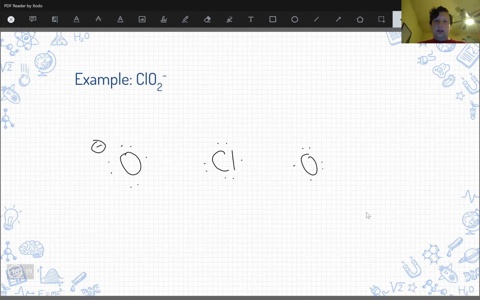Now here, this is an example of, once we make our bond, our central atom has non-bonding electrons, but they're all paired. However, there's still things to be bonded. So one of those pairs has to be broken up.